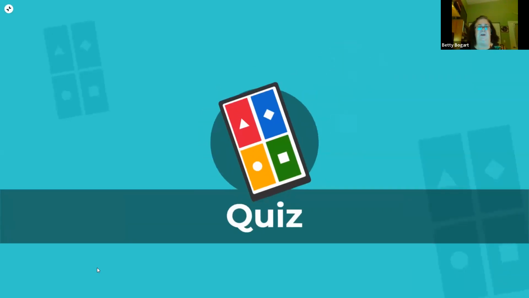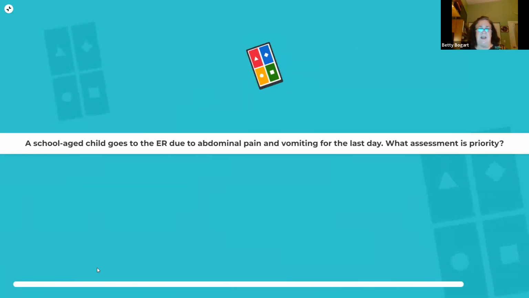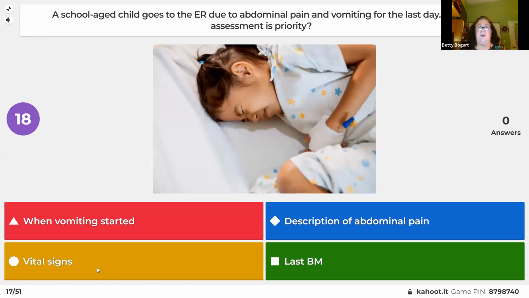A school-age child goes to the ER due to abdominal pain and vomiting for the last day. What assessment is your priority to ask? So they've had abdominal pain and vomiting for the last 24 hours. What assessment is priority? What do you need to know?